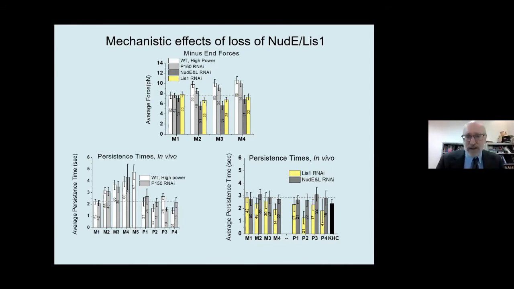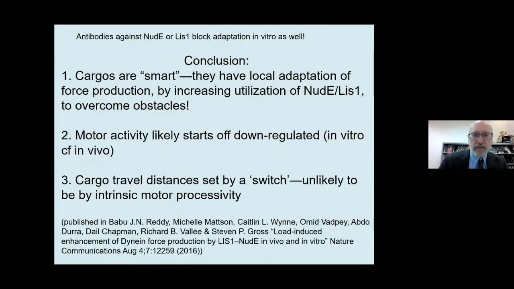That's mostly speculation, although I'm happy to discuss why we think that's probably the case. But anyway, there is this adaptation that's happening that is reflecting increased utilization of NudE and Lis1. Okay, so there's no adaptation if you don't have NudE and Lis1.